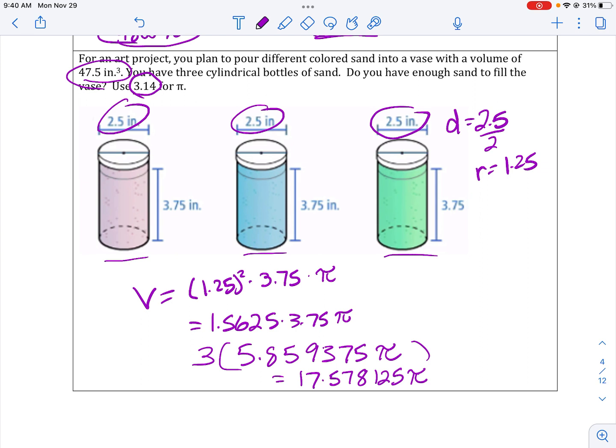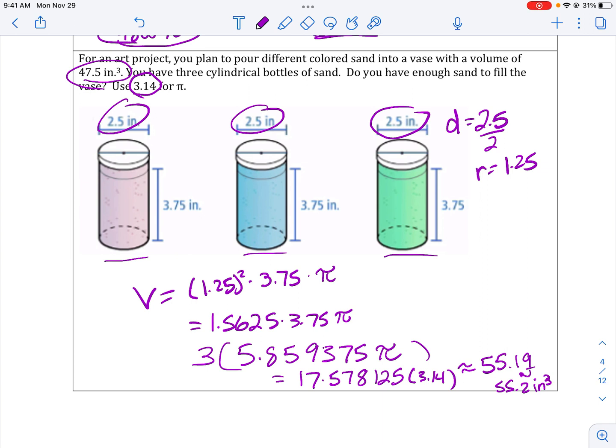So now let's get rid of that pi, and let's substitute 3.14 for that number. So I can take 17.578125 and multiply it by 3.14, and I get, and I'm going to approximate here because I'm going to round to the nearest tenth, 55.2 cubic inches.